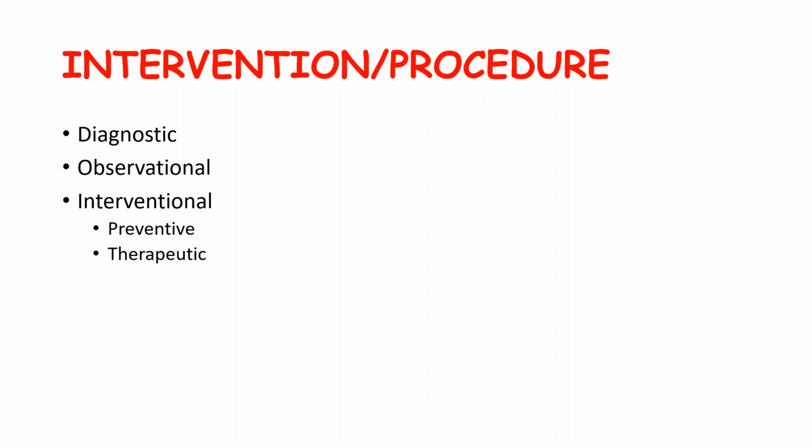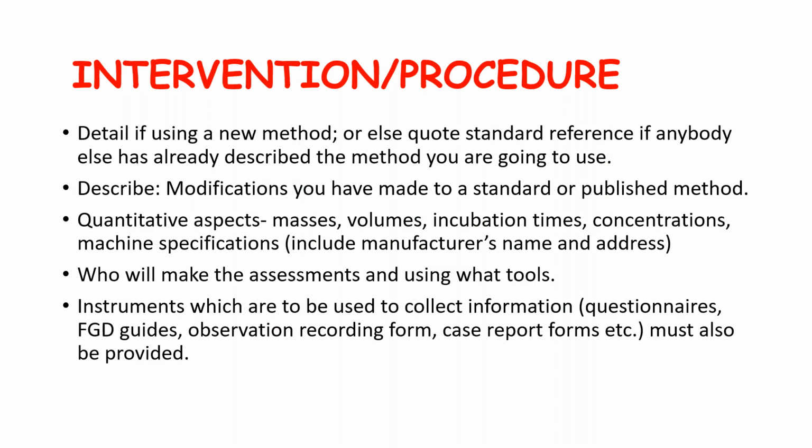So you have to write in detail about this. You have to write the detail of the methodology if it is a new method. If it is an old method, like if you are doing RNA isolation, you can quote a standard reference. Like RNA isolation will be done by the column method as described in this article.